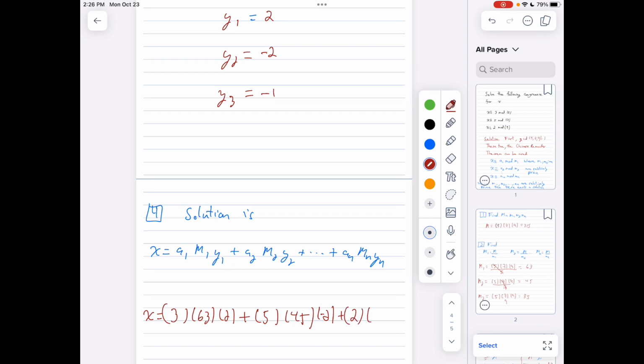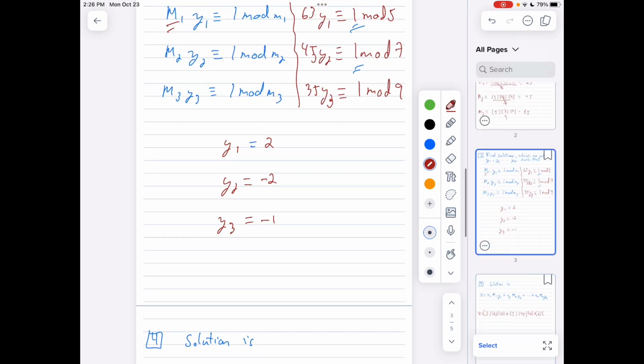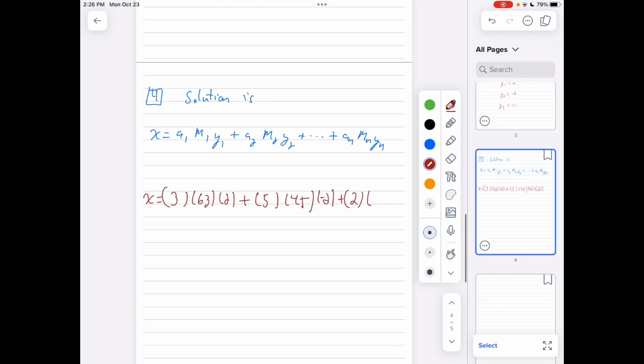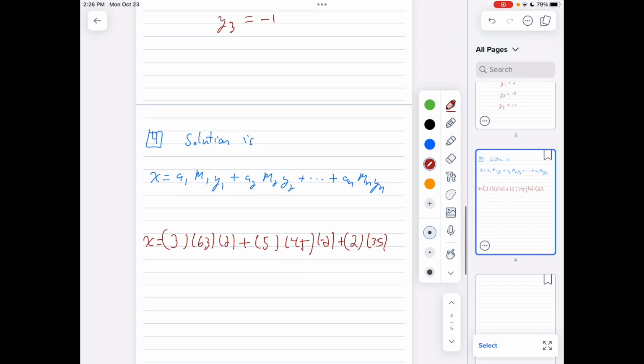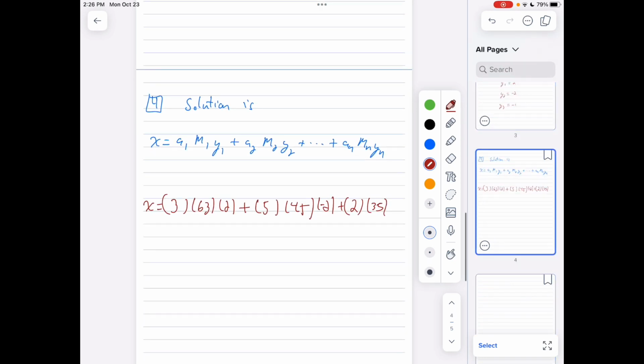last but not least, a_n, which was 2, times big M3, which is 35, and y3, which is negative 1, okay? And you would go ahead and multiply these out and see what your solution is.